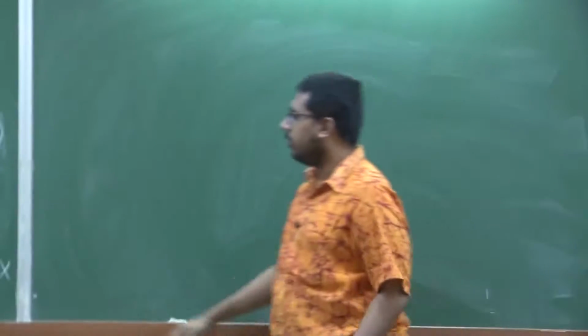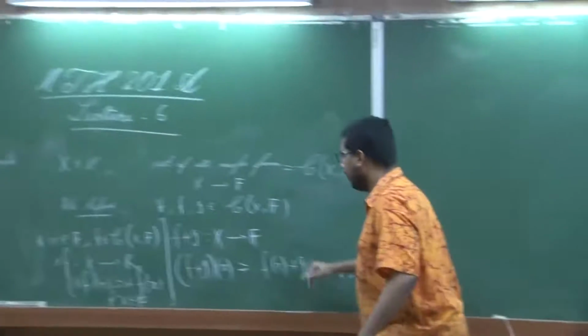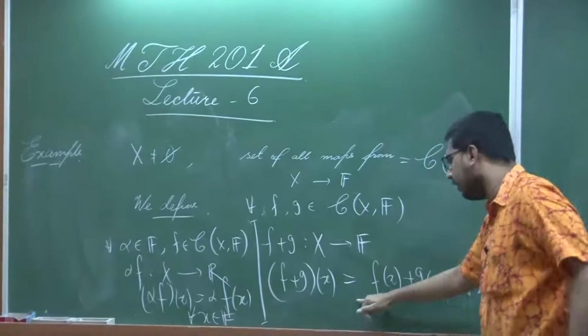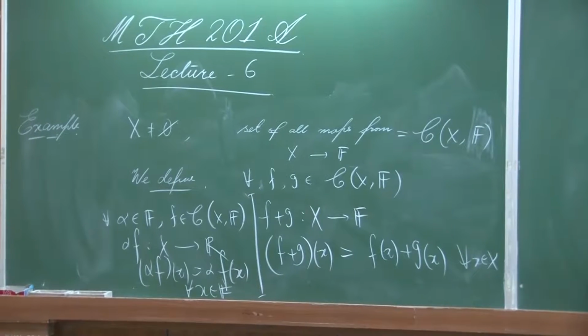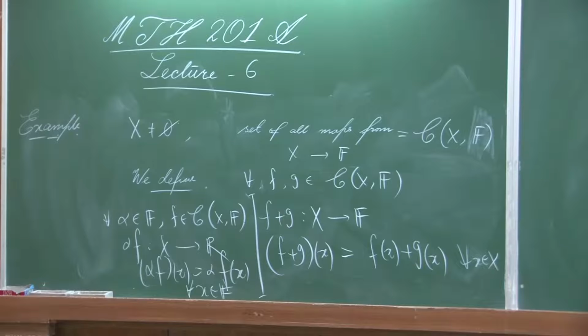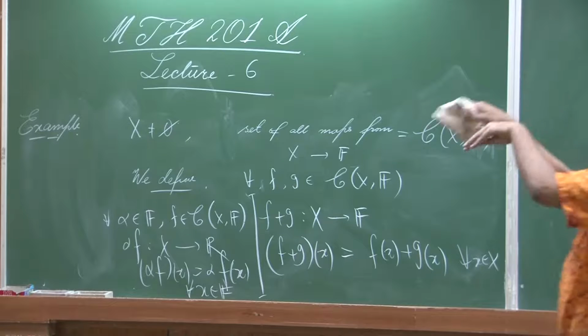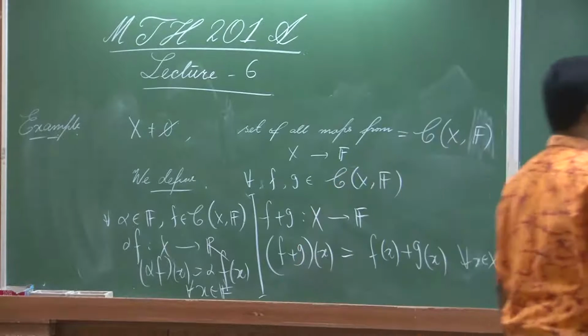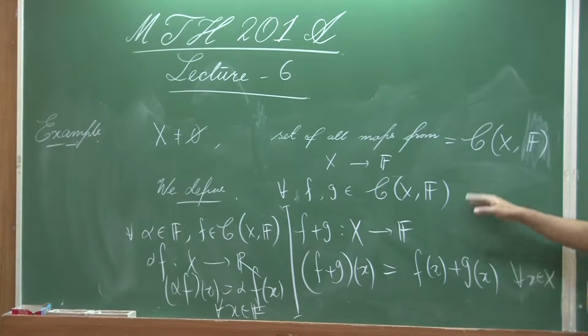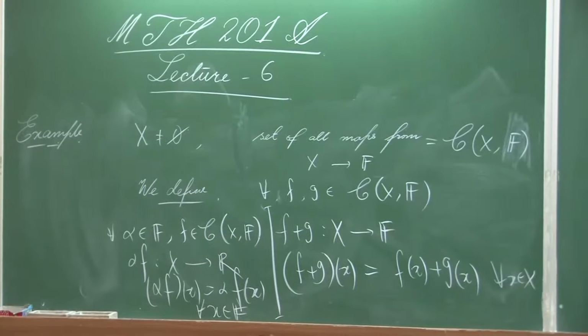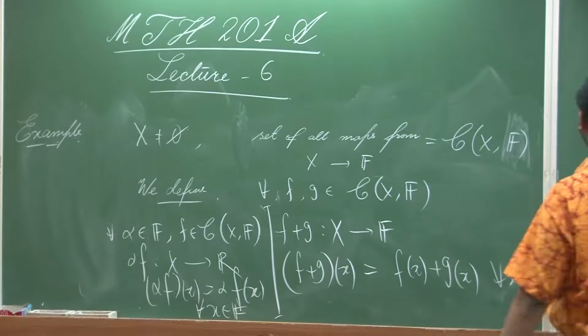So now once we have done this for any general X, we have actually generalized both the main examples, F^n and M_n(F). Now we will see some further subspaces of functions which will originate from this F^X.